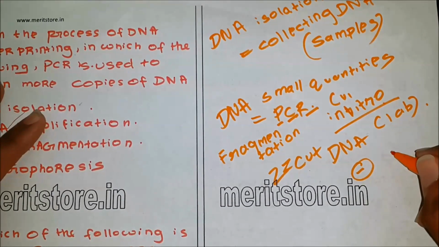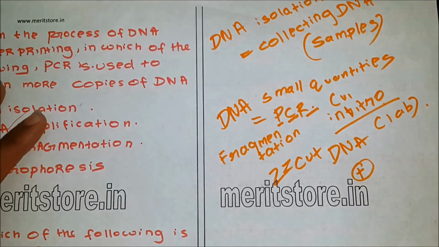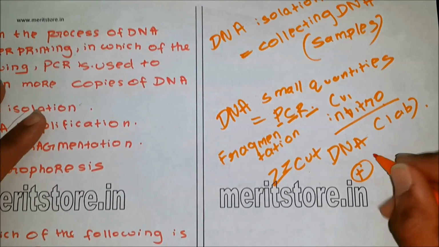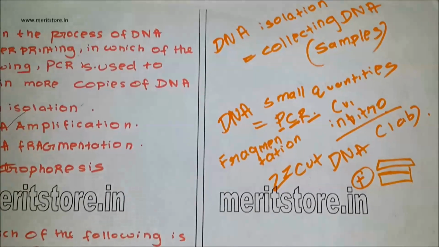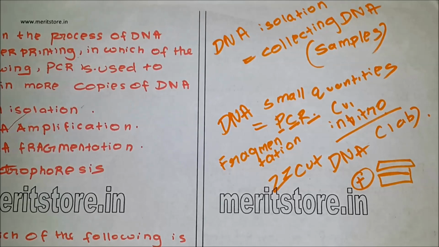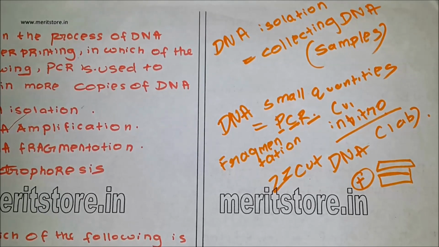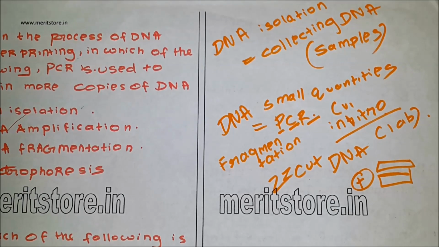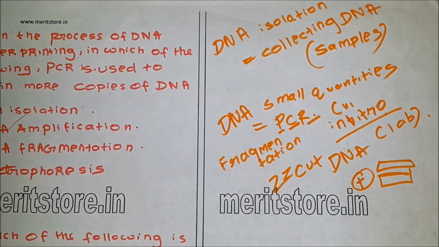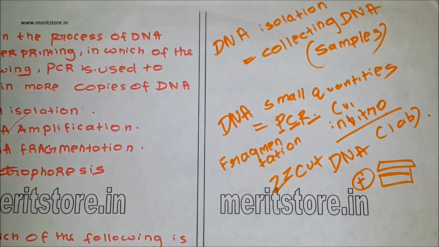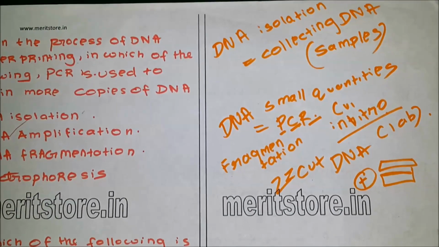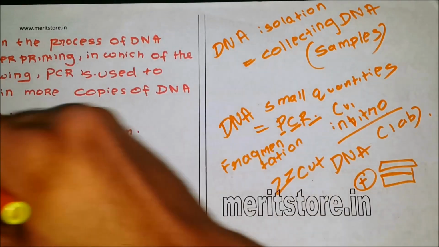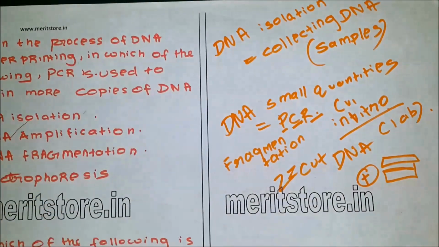Since DNA is negatively charged, once when we apply a positive charge, it's going to move towards the positive charge, which will result into band formation. So the question says, in the process of DNA fingerprinting, which of the following process PCR is used to obtain multiple copies? So if isolation is collecting the DNA, fragmentation is cutting the DNA, and electrophoresis is just forming bands, then the answer would be DNA amplification, B.